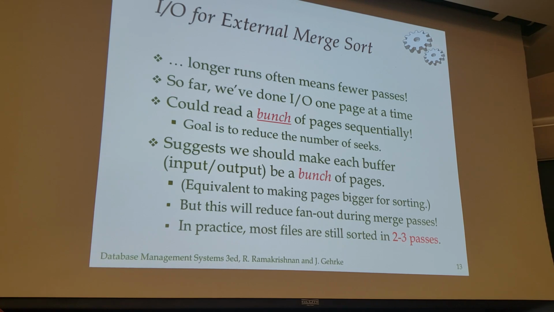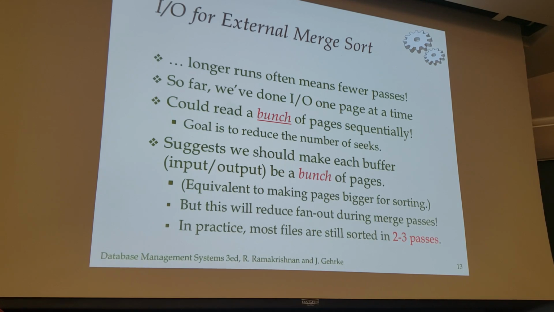Now, again, having larger pages or a larger number of pages for each file means that the fan out, that B-1 that we use for merging, gets worse. So having more pages for each input file means I don't have to wait, but it also means that my ability to merge together B-1 things has been reduced, let's say by half.